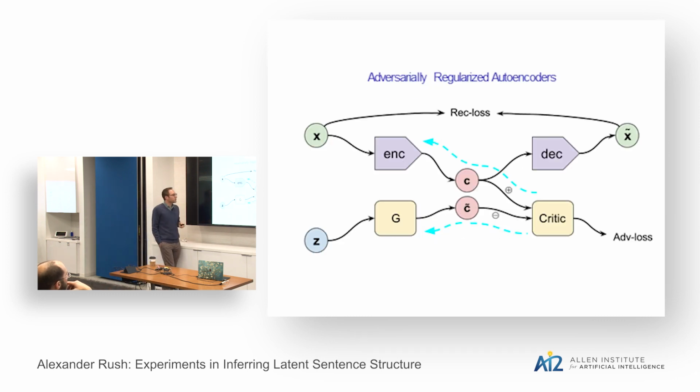So here's the full model. We have sentence, encoder, code, decoder, sentence. We try to make it as good as possible at recovering the original sentence. And then we have a GAN that maps from noise through a generator to code space, and then a critic or discriminator that tries to determine the difference. Now, this generator is pretty simple. It's just like a simple neural network.